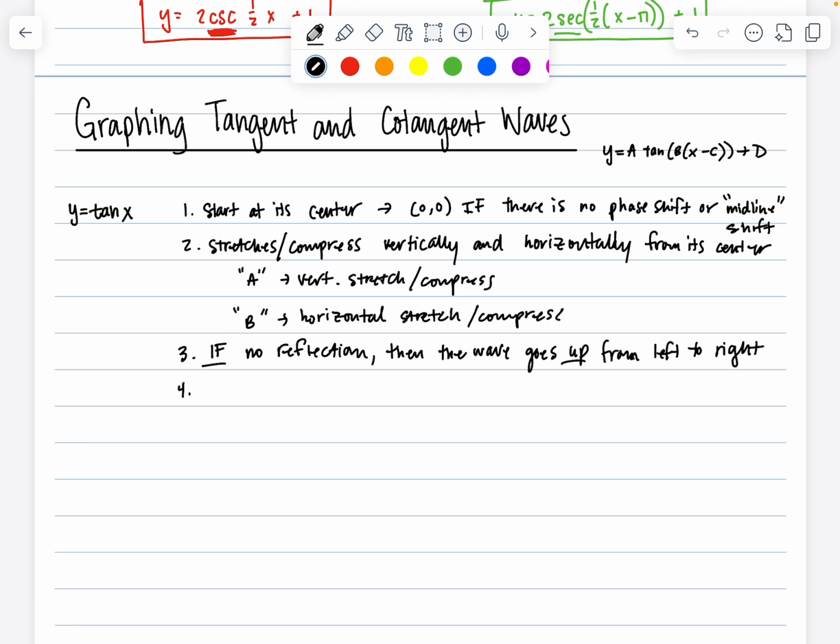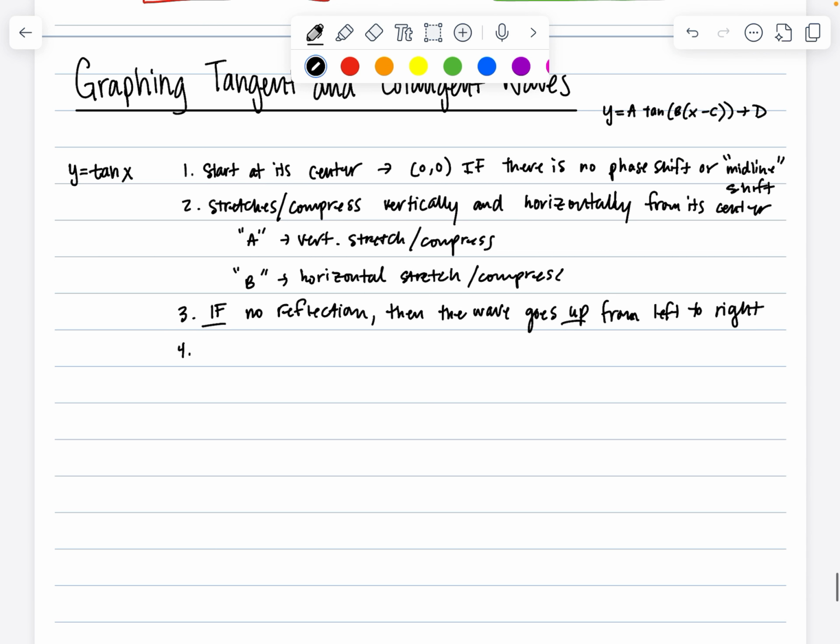And last but not least, this is probably the most important. It is a big difference between sine and tangent, and cosine and tangent. The period equation, instead of 2 pi over b, is actually just pi over b.